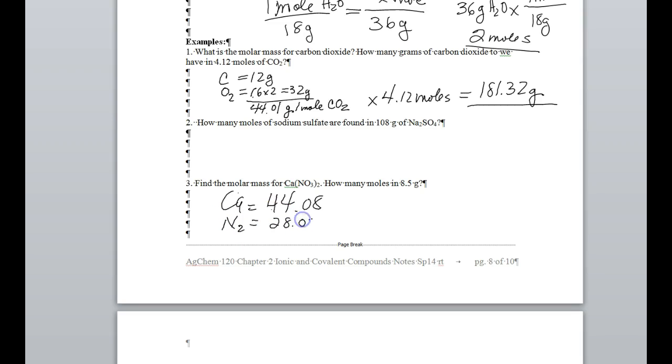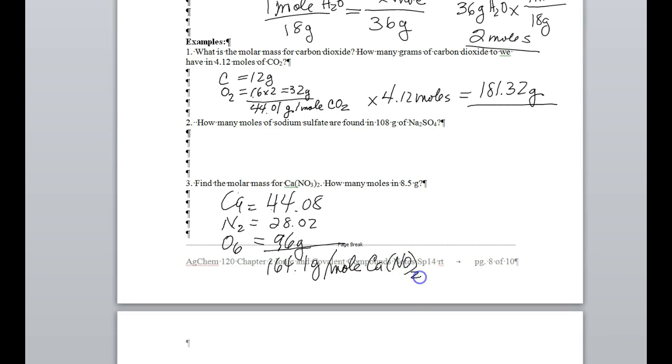Okay. Then there's going to be 6 oxygen. There's 3 times 2 is 6. You have to add all those together. You should get 164.1 grams per mole, right? That's how many grams there is in 1 mole of calcium nitrate.